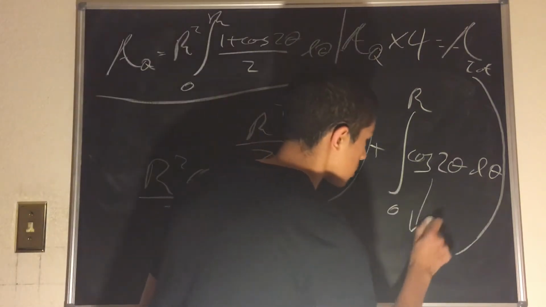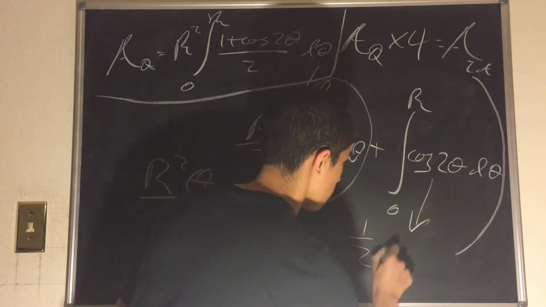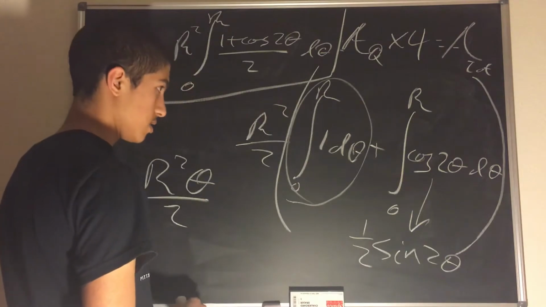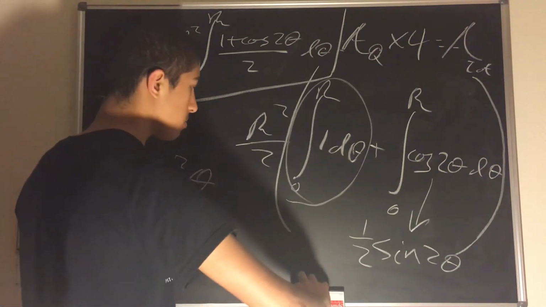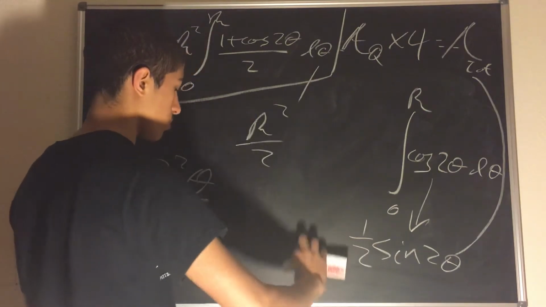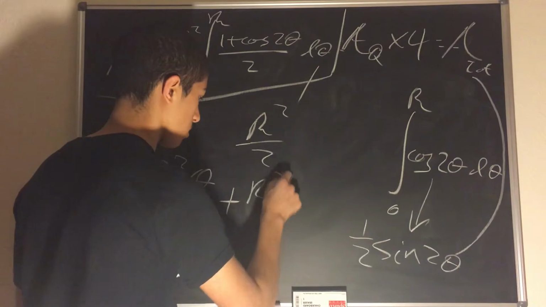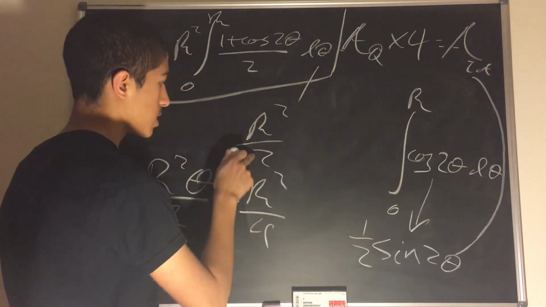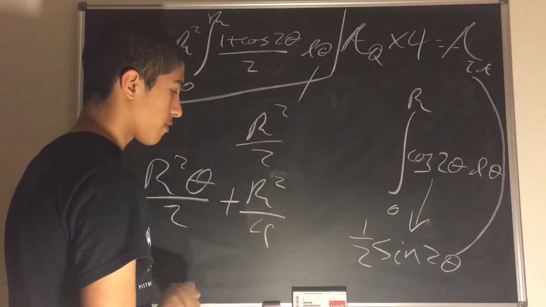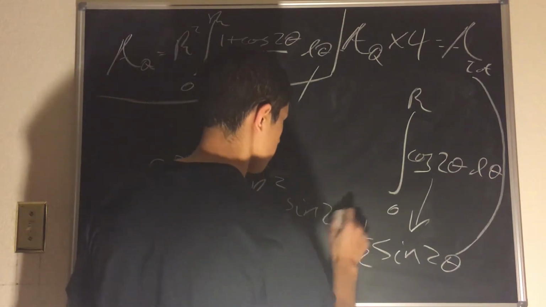Well, the integral of cos 2 theta is equal to half sine 2 theta, and then we can plug that in, and multiply it by r squared by 2, and we have plus r squared by 4, because we take 2 here and 2 here, r squared by 4 times sine 2 theta.